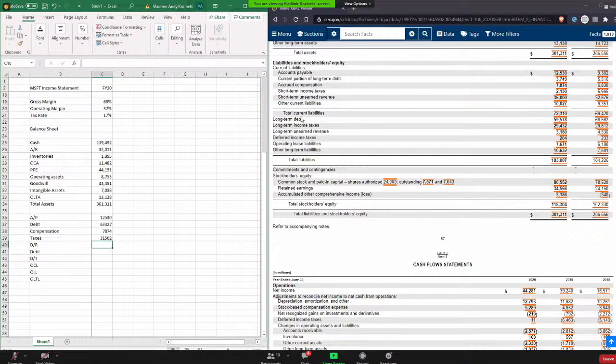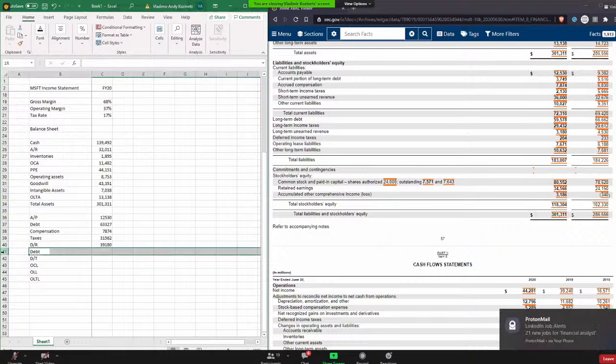Okay. Deferred revenue. I'm just making sure I'm getting all of it. Here we go. Okay, 3,600 plus long-term unearned revenue is deferred revenue. Okay.